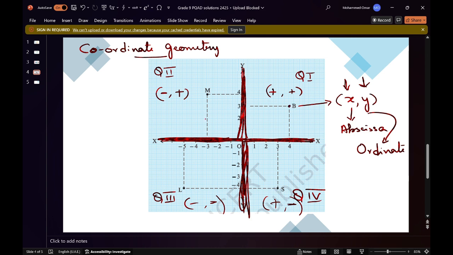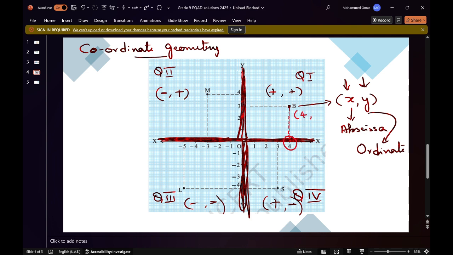Now let us take for example a point B. You have to find out the coordinates of point B. First, you draw a perpendicular line onto the x-axis. Where does it intersect? It intersects at 4, so the x coordinate is 4.